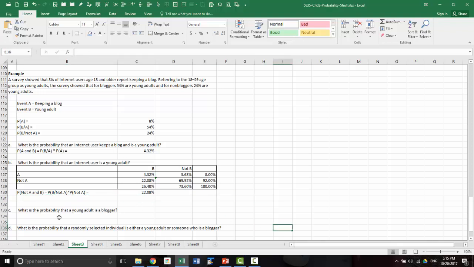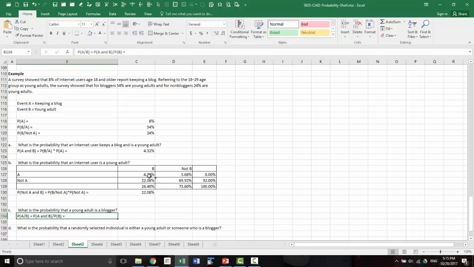What is the probability that a young adult is a blogger? The young adult is given. So what is the probability of A given B? A given B, so B is given.